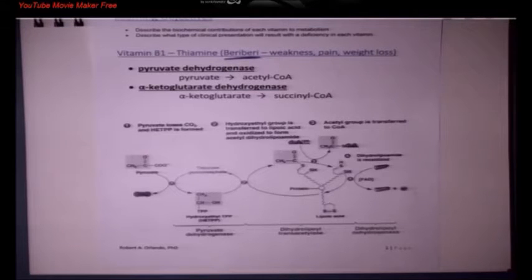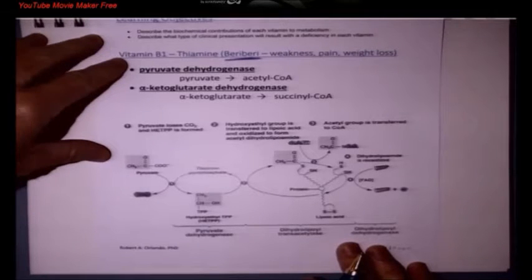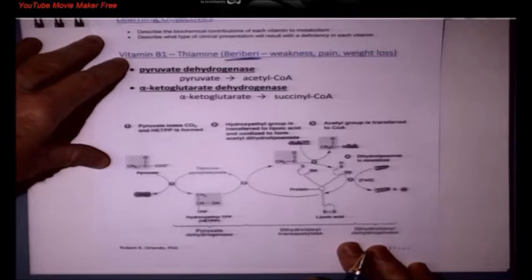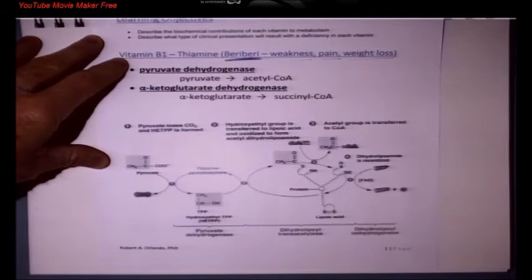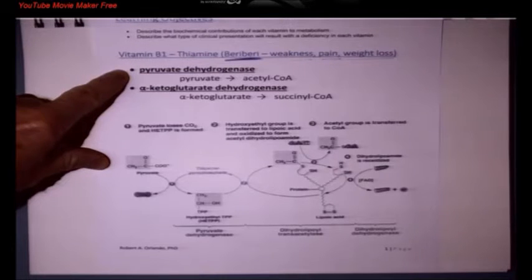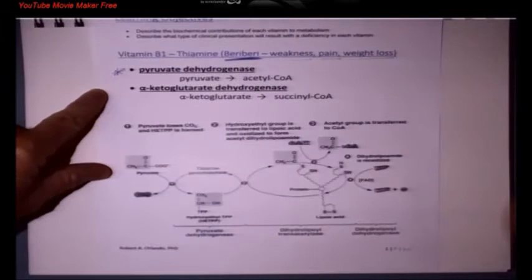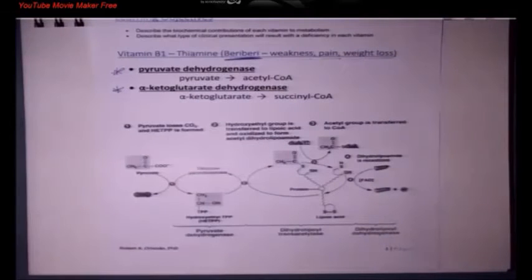So that being said, vitamin B1 is thiamine. Weakness, pain, weight loss, muscle fatigue, muscle cramping, tiredness, lack of energy. These two enzymes, pyruvate dehydrogenase and alpha-ketoglutarate dehydrogenase, those are the two enzymes you need to know connected with vitamin B1.